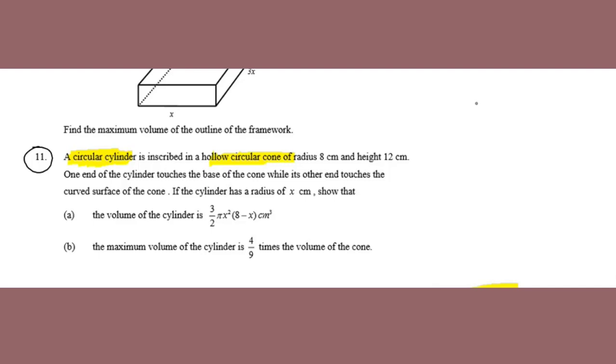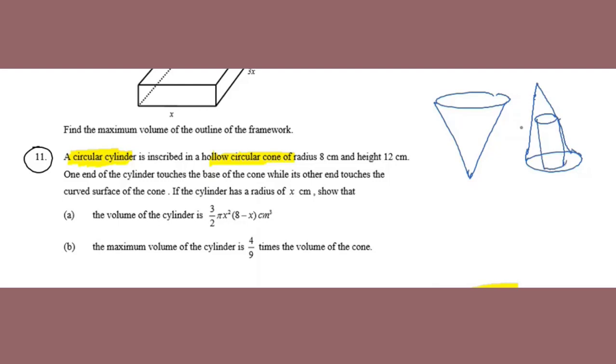What does the cone look like? Like this, or like this, a cone, and the cylinder inside the cone. Or like this. Read the question again. And the radius: so do the radius and height belong to the cylinder or the cone?